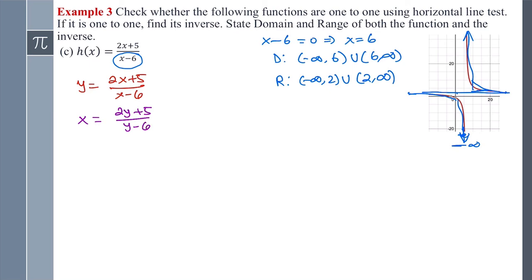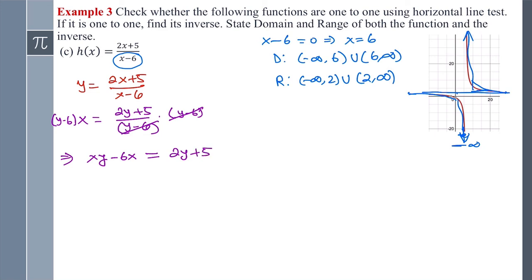Now, in order to solve this, let's get rid of that fraction. We multiply both sides by y minus 6, and that gives us xy minus 6x equals, on this side it cancels out, so we have 2y plus 5.